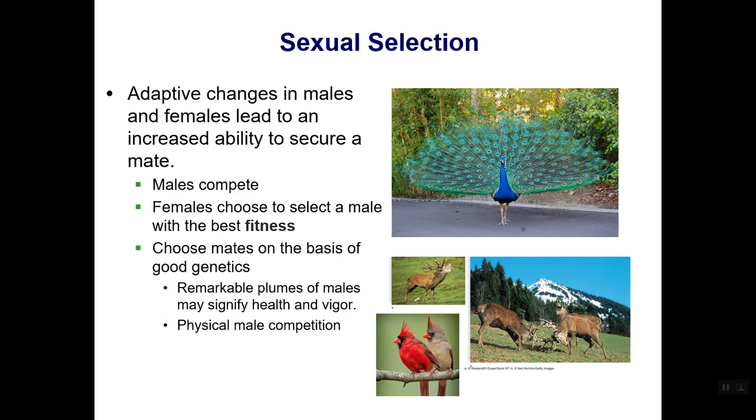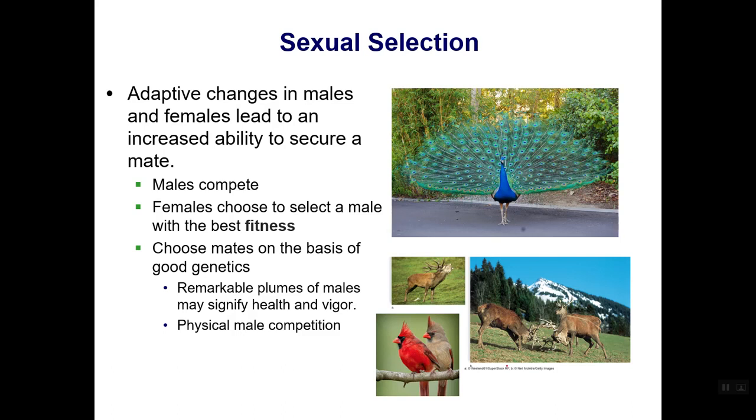And the ones that have the most eyes are the most attractive to the females because their instincts tell them that the more eyes they have on their plumage and the more beautiful that bird is, the more colorful it is, then it must have the best genes. It's a sign of health and vigor for that bird.